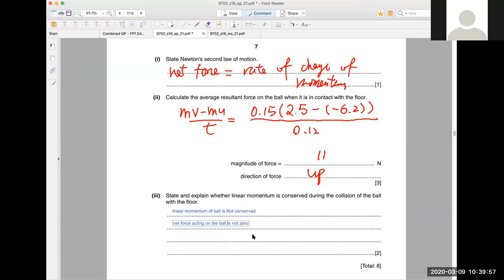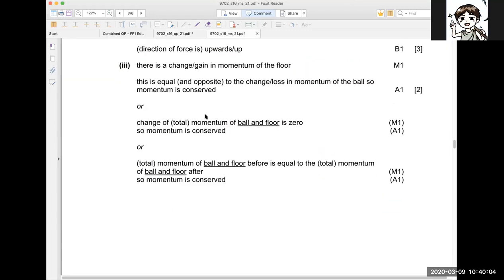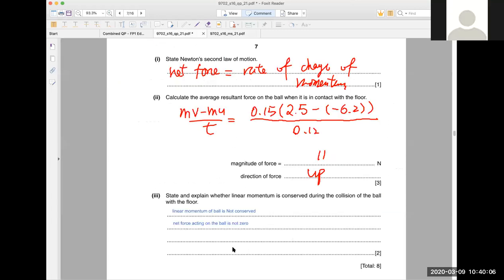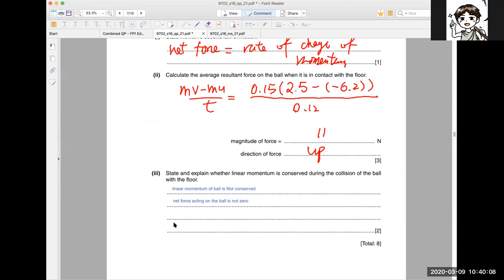So would we get a mark for it? Maybe you lose 2 marks because the question is unclear. I can't help if the question is unclear. So you may say it's just 2 marks, of the ball and the floor.